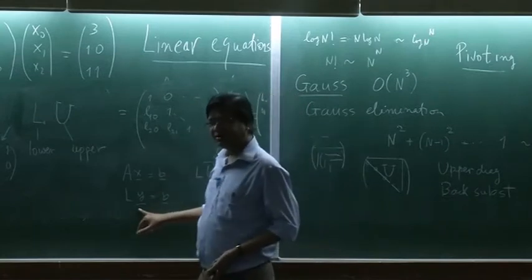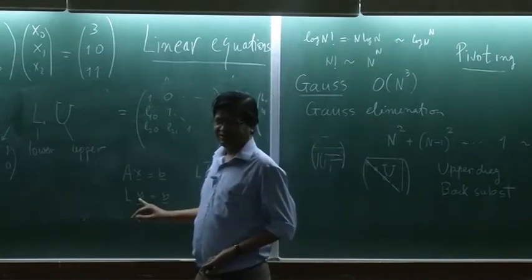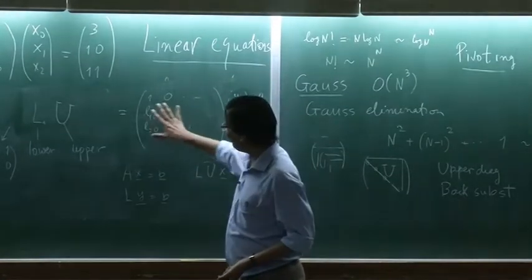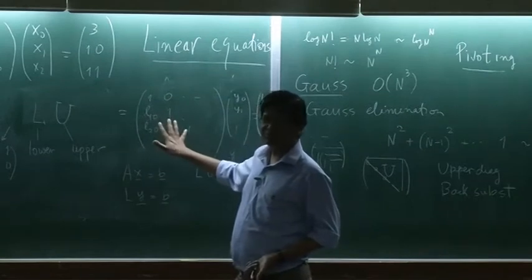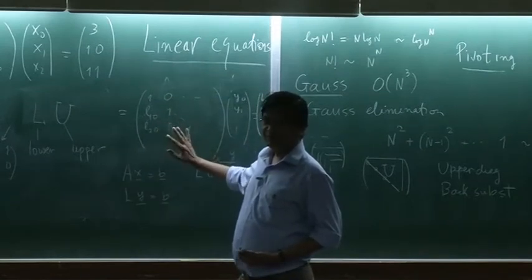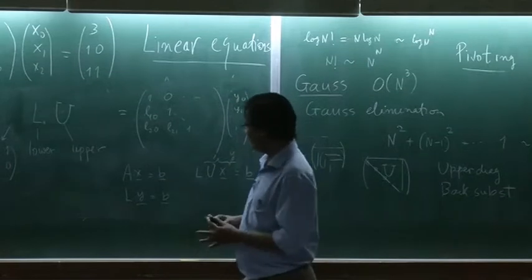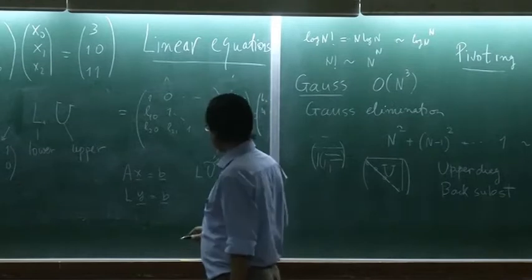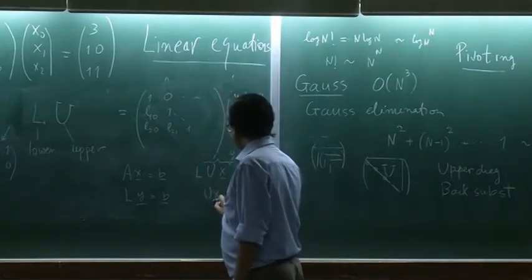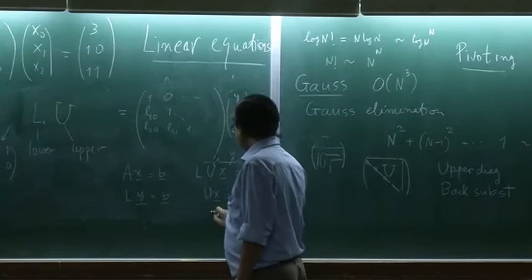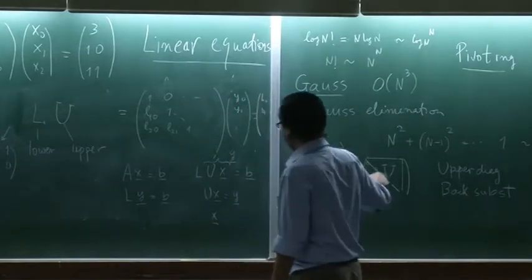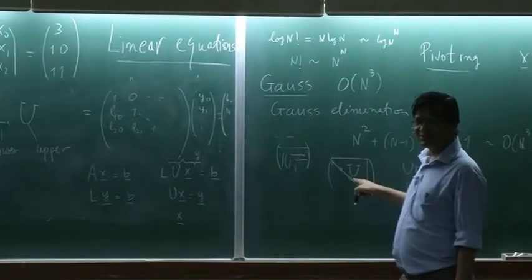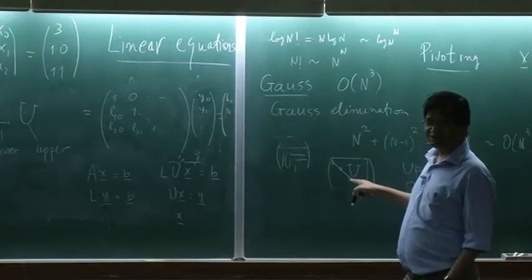So I can compute Y, how many operations? Order n squared, because you always have about n squared by 2 numbers. Now, once I know Y, then I can compute X. So Ux equal to Y, then X is computed by back substitution exactly like what we did for Gaussian elimination.